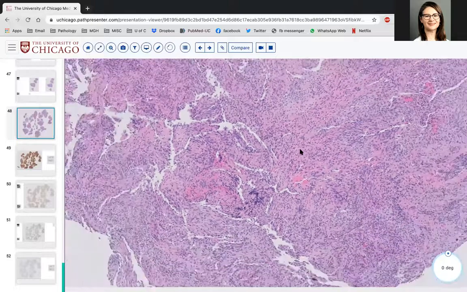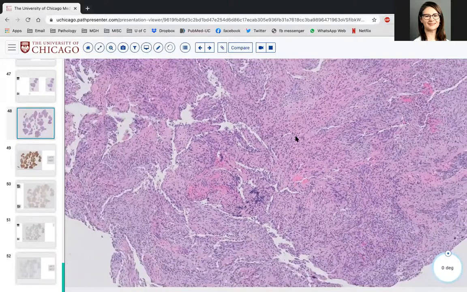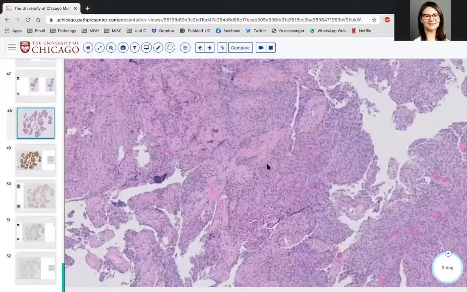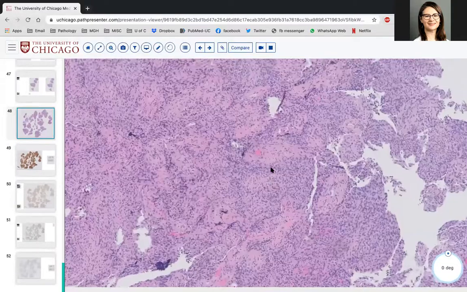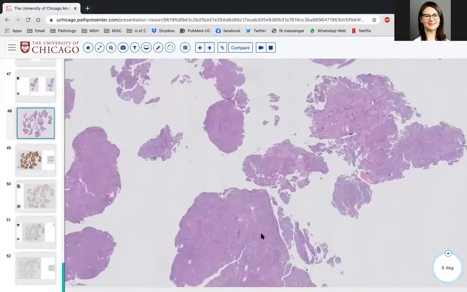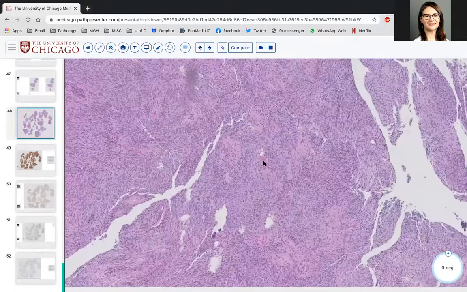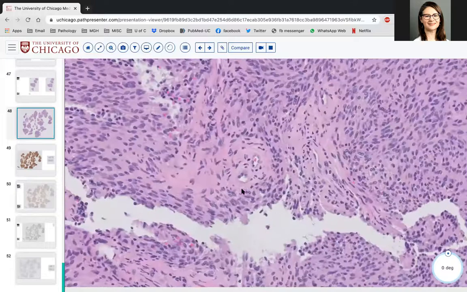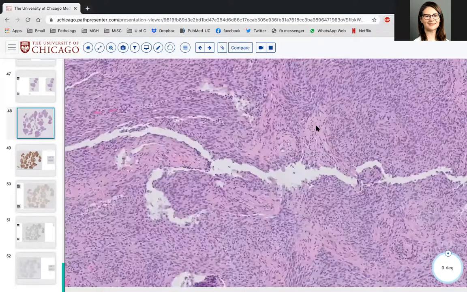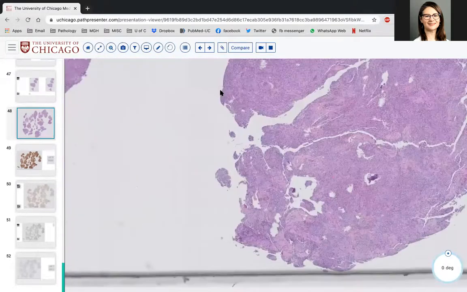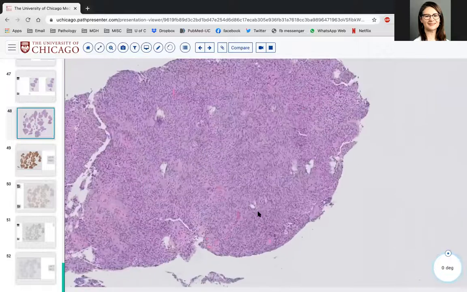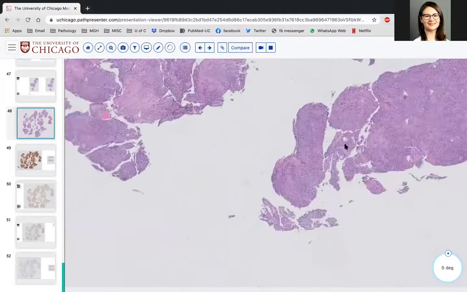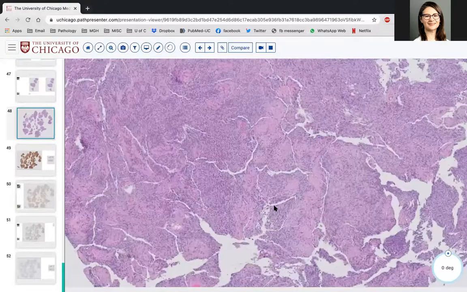So one other feature, at least on these chunks of tissue, that is helpful. Can I take over for a second? I think they were only present focally. Maybe there. Let me see if I can find what I'm looking for.